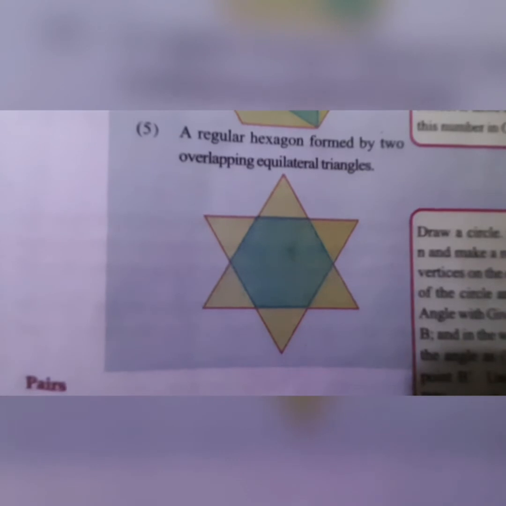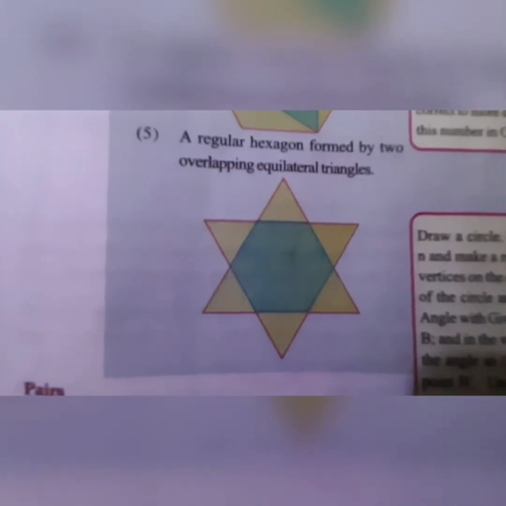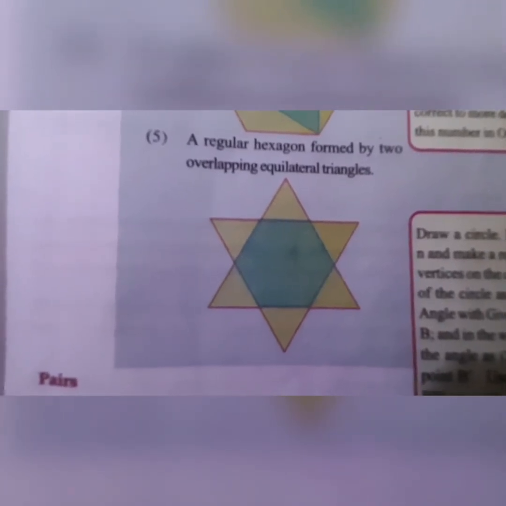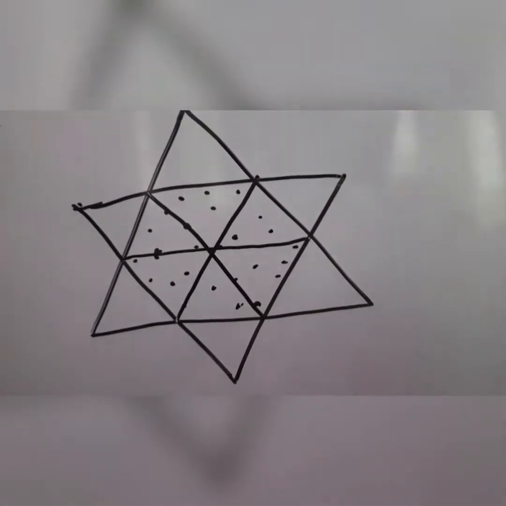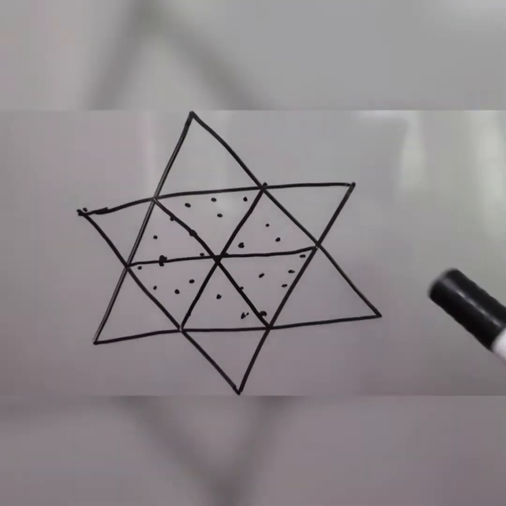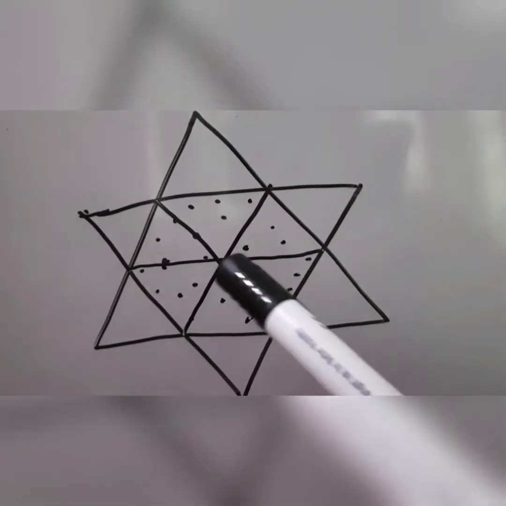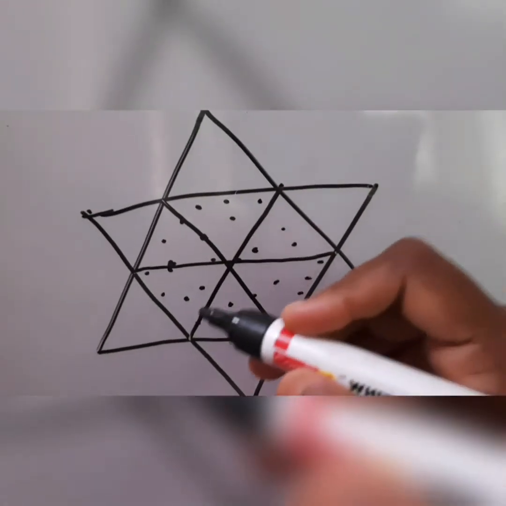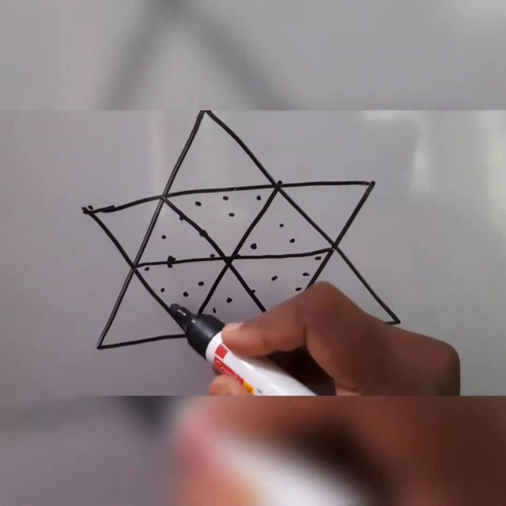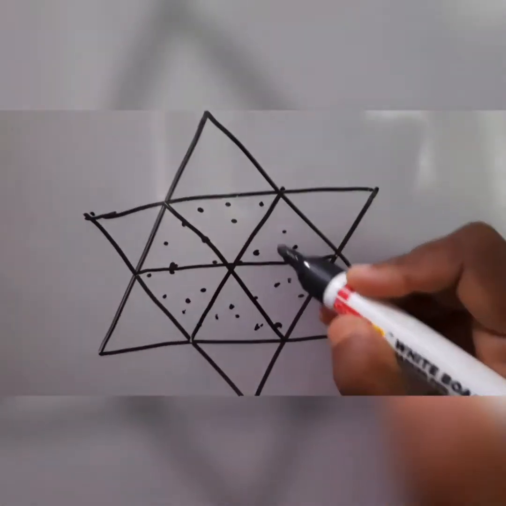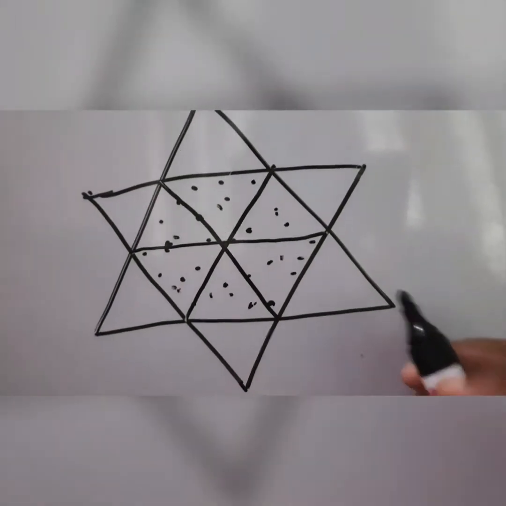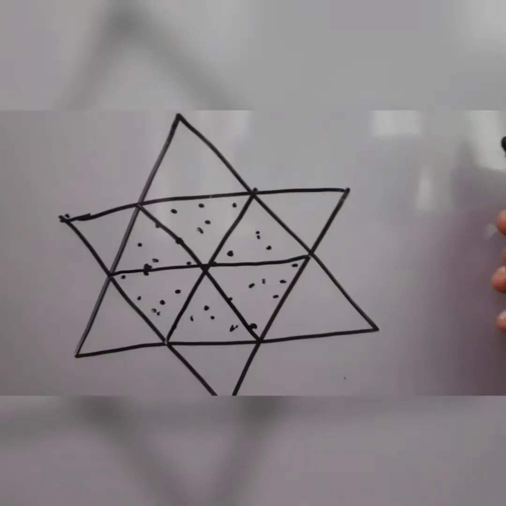For that, we can divide this figure into equal parts. Now I divide this figure into equal triangles. So in the shaded part, how many triangles are there? 1, 2, 3, 4, 5, 6. 6 parts are shaded.